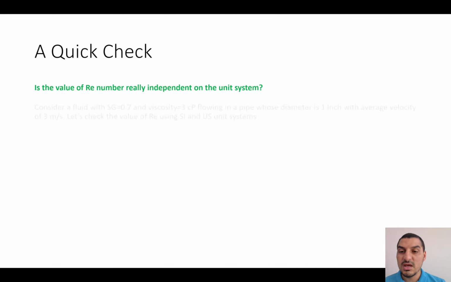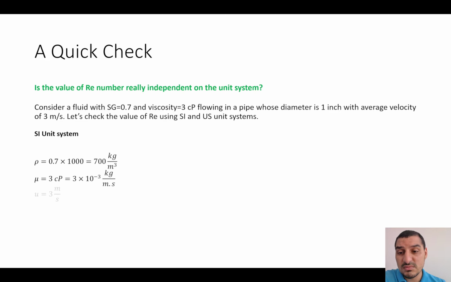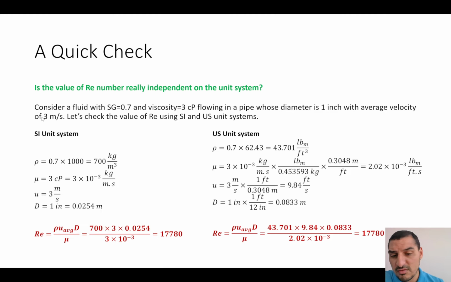One last thing here is just a quick check on how the dimensionless parameters are useful. I put some numbers here for a flow: the specific gravity, the viscosity, the diameter, and the velocity, and I'm calculating the Reynolds number for both systems of units, the SI and the US unit systems. You can do the math yourself or revise the numbers that I have, and you can try it for the CGS system as well.